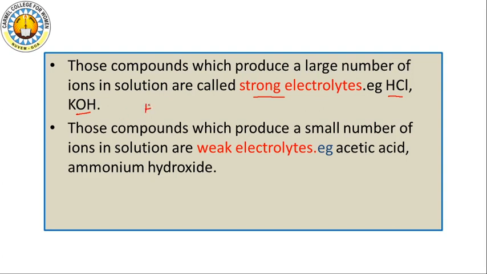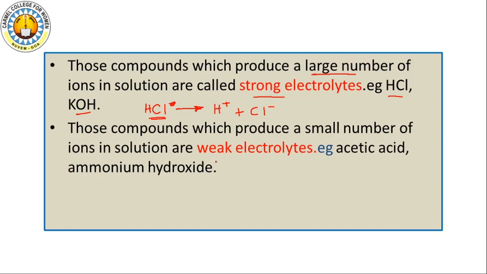Because this HCl, when you dissolve it in water, will give you H plus and Cl minus ions. In other words, the HCl that is taken completely dissociates. That is why it produces a large number of ions.